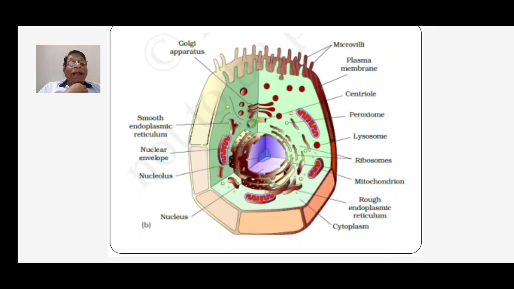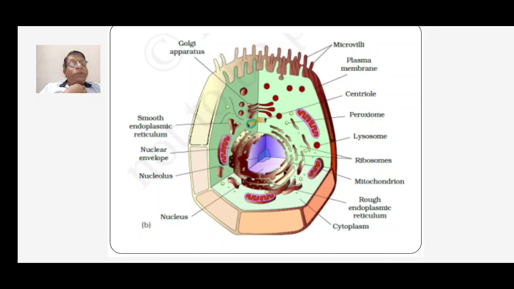But in the plant cell, outside this plasma membrane, the cell wall is present. The cell wall, as I already told you, is made up of cellulose.